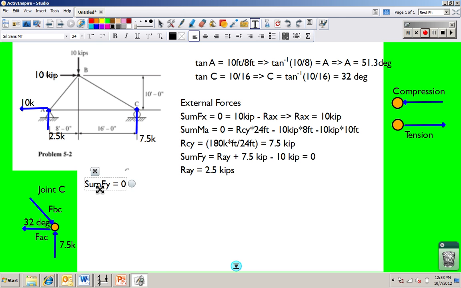And then when we look at this, we know that we have 7.5 going in a positive direction, and then we have minus FBC in the y direction. So that's going to be 7.5 kips minus FBC times the y component, which would be the sine of 32.